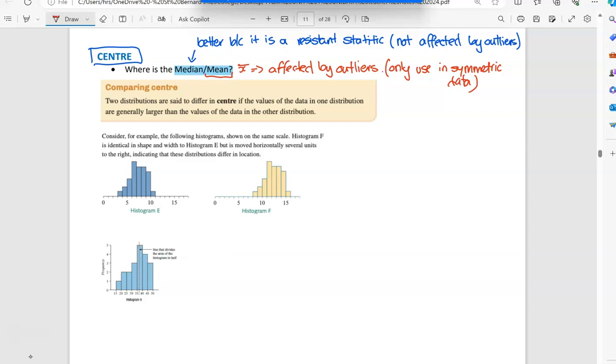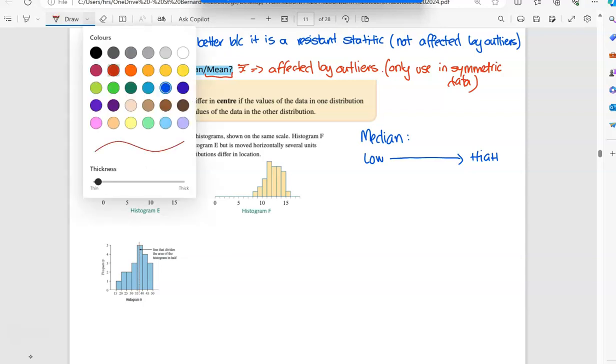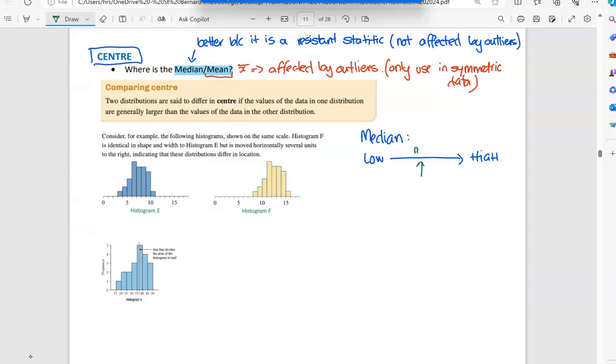Okay, so let's have a look at explanations of that. Remember, the median is found when you put your data from lowest to highest. You line them all up in order from lowest to highest, and then you see your median is in the middle of it, yeah?